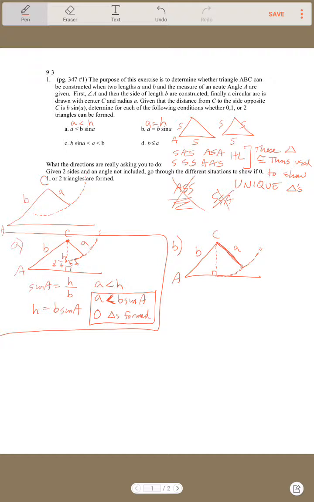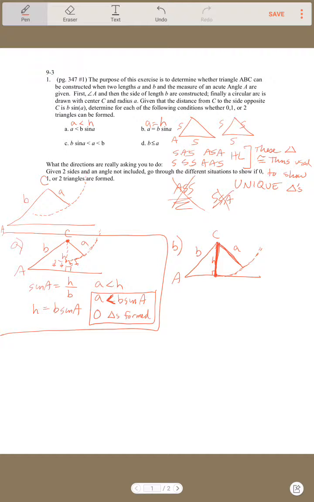So if A is able to swing, and because it's equal to H, it will touch just at that one point when you have H. It'll swing, and that side will actually end up coming right here.